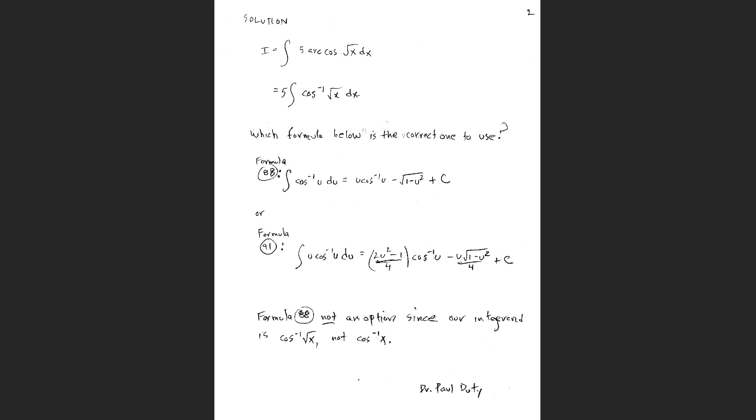All right. So we've discovered that Formula 88 can't really be an option because our integrand is the arc cosine of the square root of x, not the arc cosine of x.